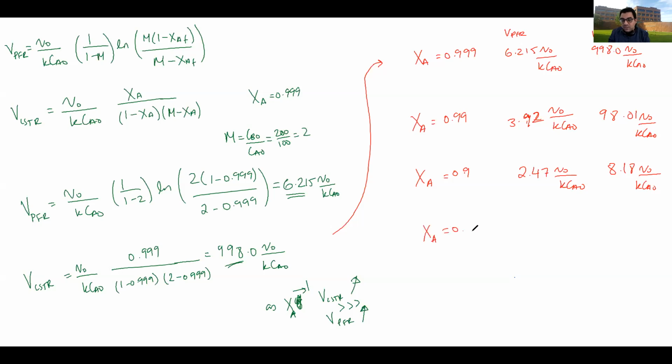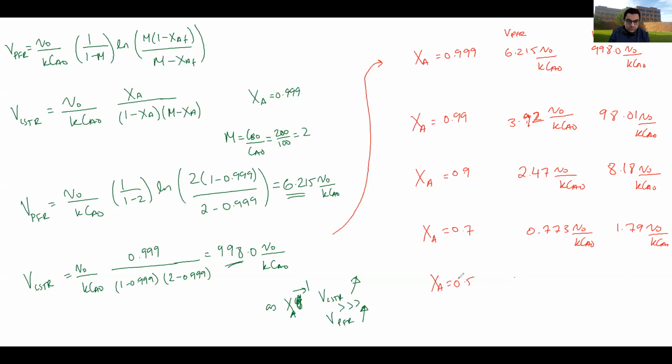Now let's try XA equal to 0.7, to see if it flips. 2 multiplied by 0.7 divided by 2 minus 0.7, so in this case I get 0.773 V naught over KCA naught for the PFR, and for the CSTR I get 1.79 V naught over KCA naught. So here it's double.